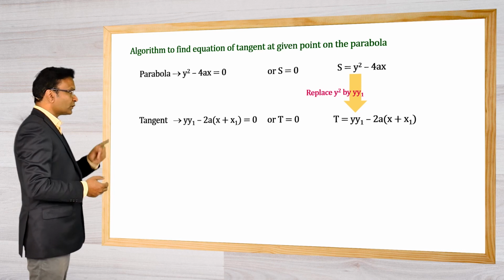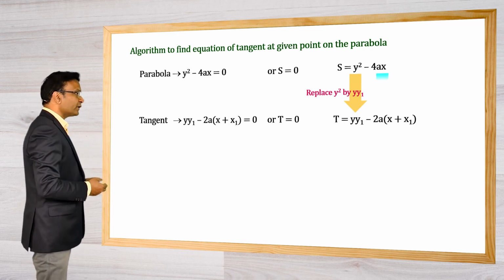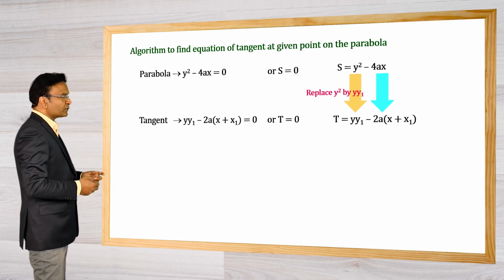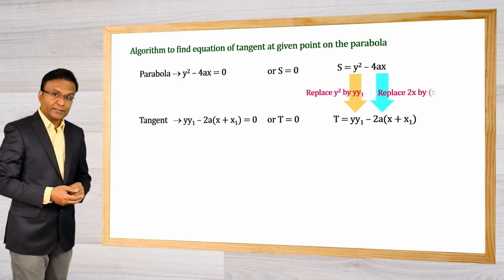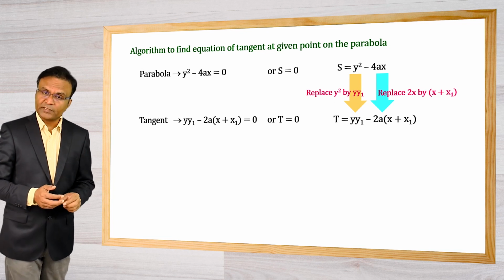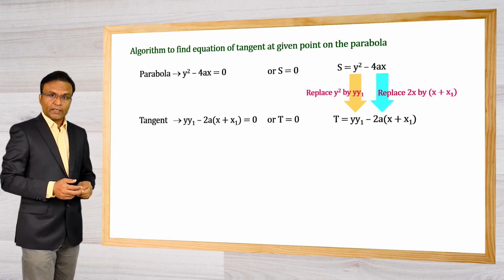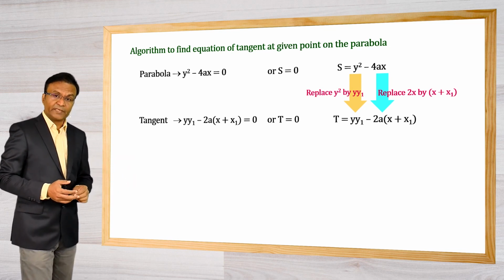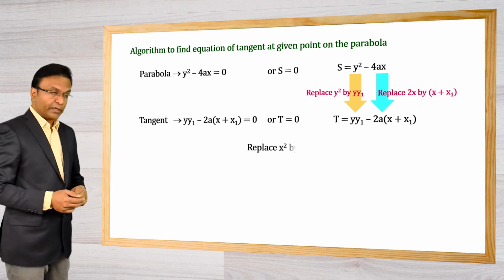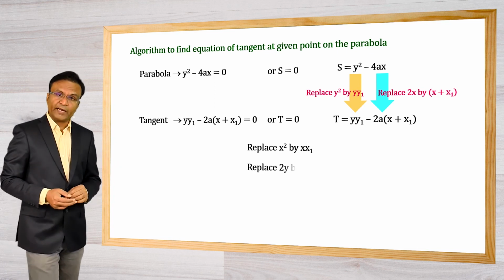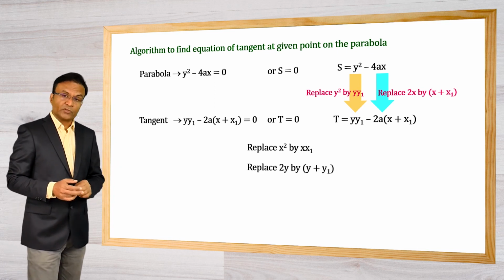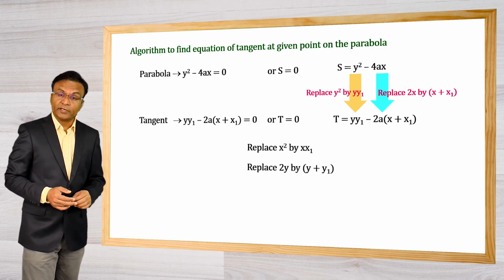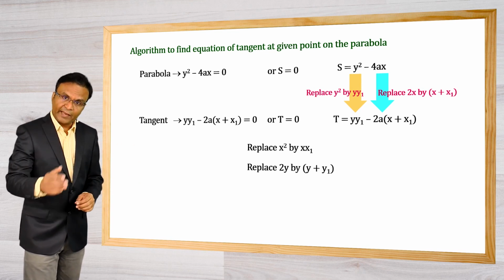Now you compare 4ax and 2a multiplied by x plus x1, from which we can say here 2x is replaced by x plus x1. In some other parabola, if we have x square, then we replace x square by x x1 and 2y by y plus y1. We saw this mechanism in the circle also, and this mechanism will continue in the ellipse and hyperbola also.